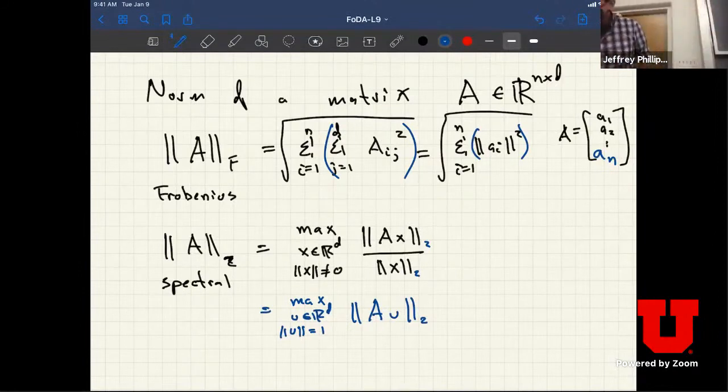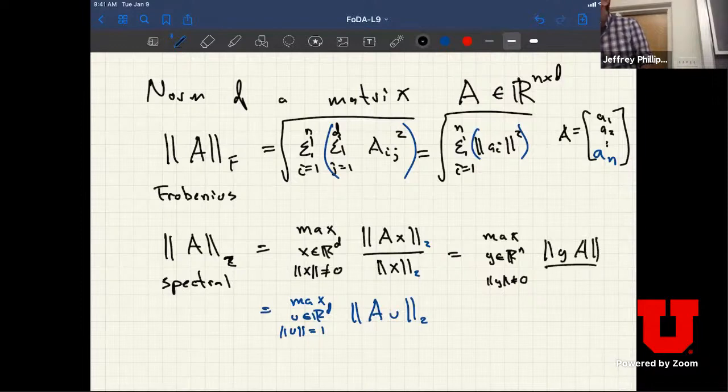It's also true that you can write this as the max over y in R^n, where y is not equal to 0, left multiplying by A transposed. I can left multiply, and it's going to give the same answer if I do it this way as well. So it's not so important whether I right multiply versus left multiply.